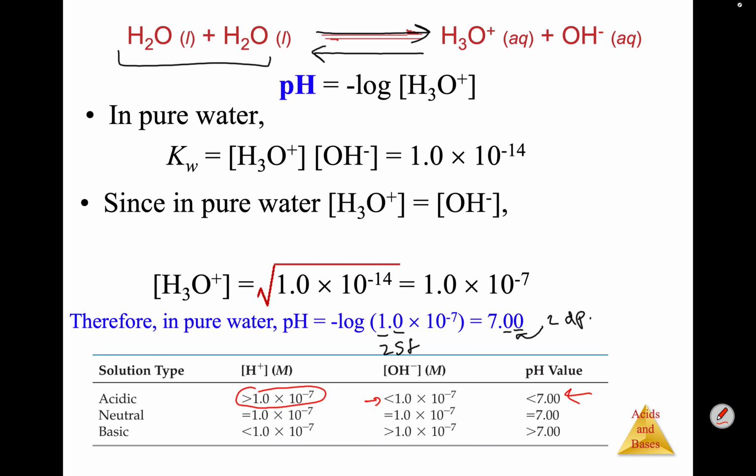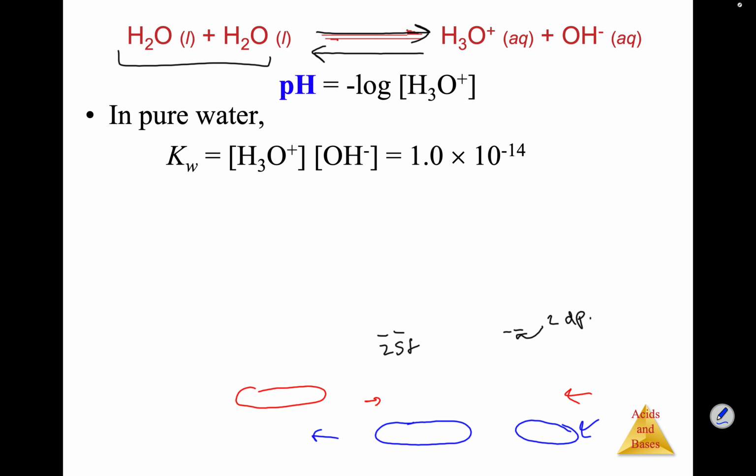A basic solution, I have more hydroxide than hydronium, and my pH value is then going to be greater than 7. So just a couple notes. My pH scale. What is a pH of 7? Neutral.